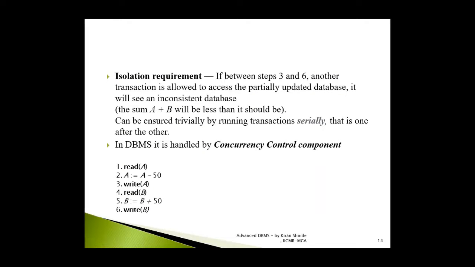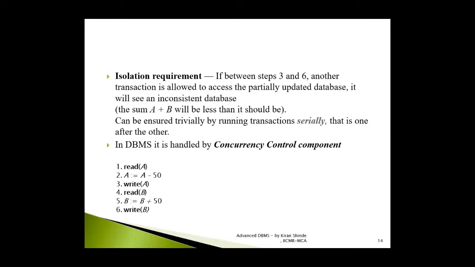Let's move further. Now, how is isolation assured? The isolation requirement: if between step 3 and step 6, another transaction is allowed to access the partially updated database, it will see an inconsistent database. When we talk about isolation, we have to assume that many transactions are getting executed concurrently.